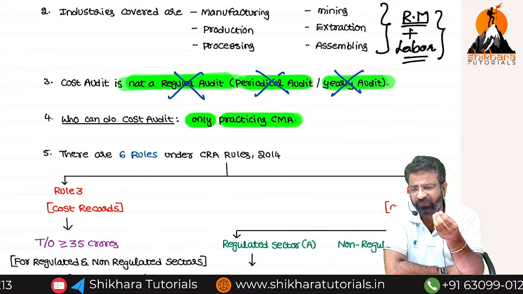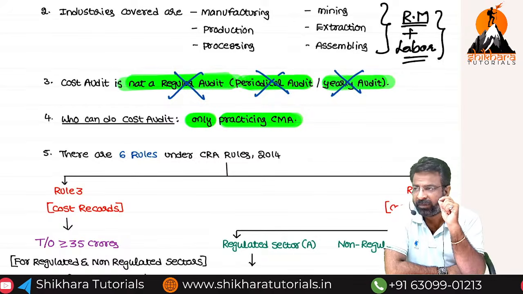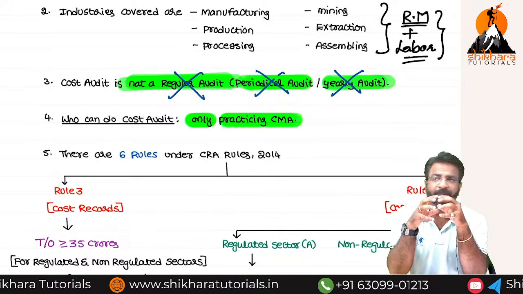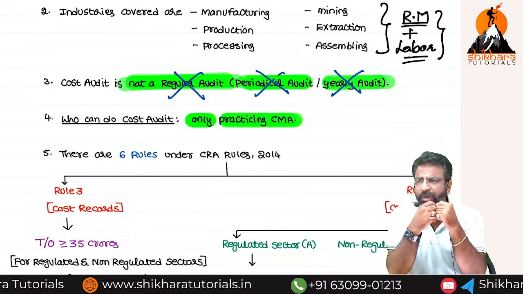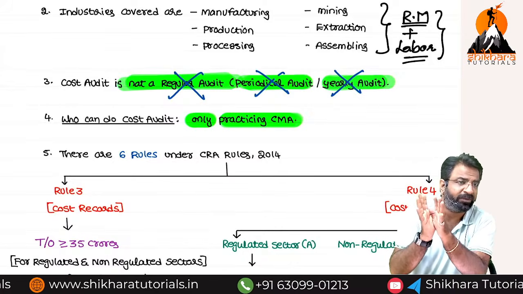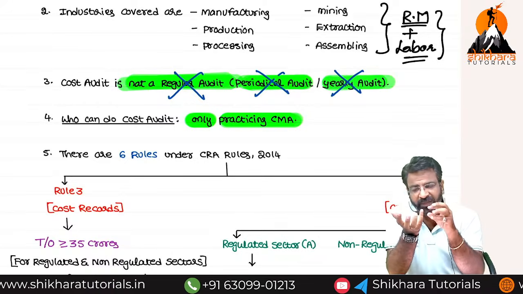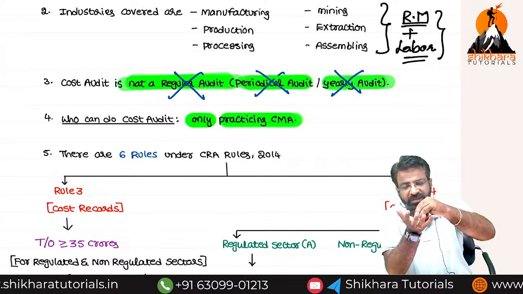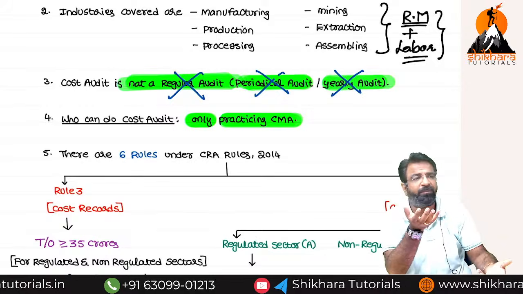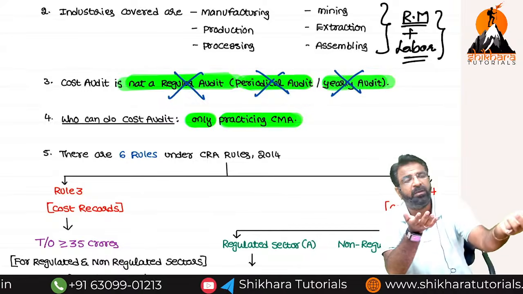Let me give you some brief historical background also. Before 2011, when the CRA rules were not framed, the number of practicing CMAs was too rare in India. It was very hard to find any practicing CMA firm in India. So at that point of time, even though the act says only a CMA can do it, if CMAs were not available in practice, they had to shift their focus from practicing CMAs to practicing CS.